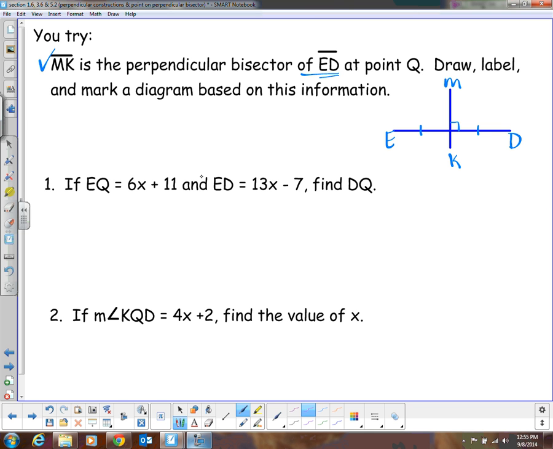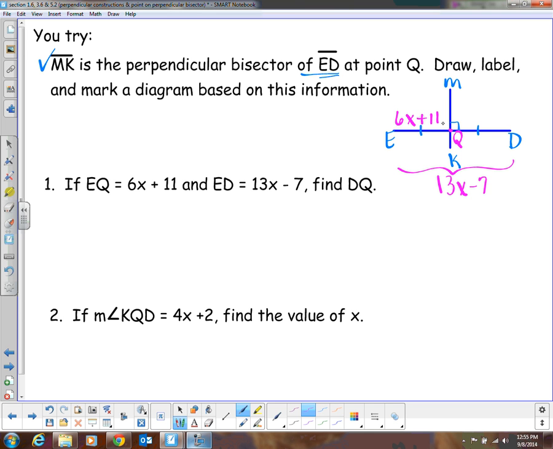So now we're going to look at this. They're telling us EQ. Where's the Q? Oh, I forgot. Sorry. I forgot to label that Q, so I was not quite finished. So EQ is 6x plus 11, and it says ED, meaning this whole thing, is 13x minus 7. Now, it doesn't make sense to take the whole segment and set it equal to part of it.